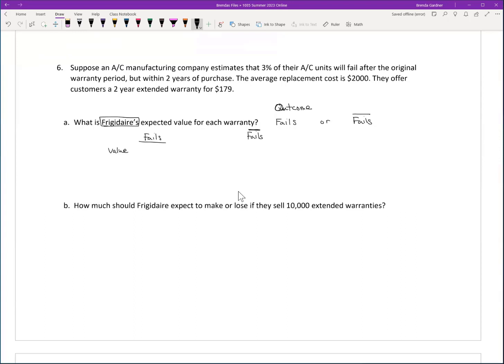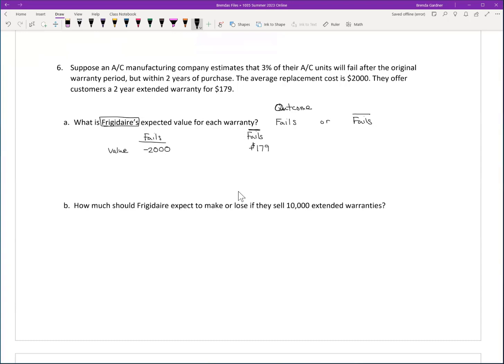If it fails, they may lose $2,000. If it doesn't fail, and they have a warranty, then they just made $179.